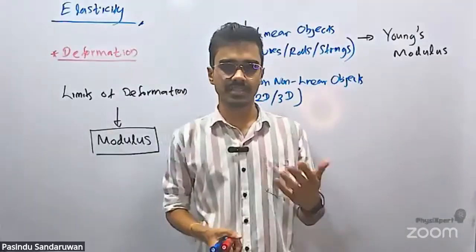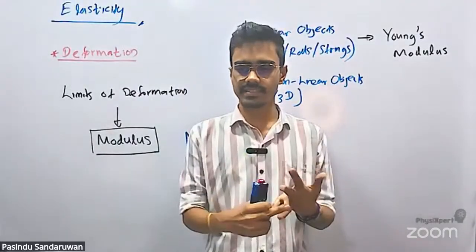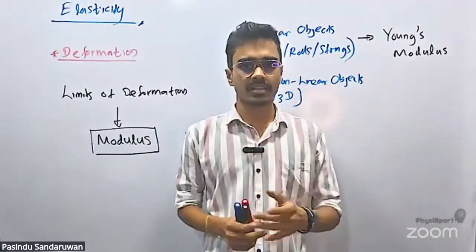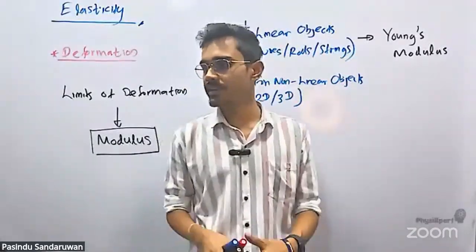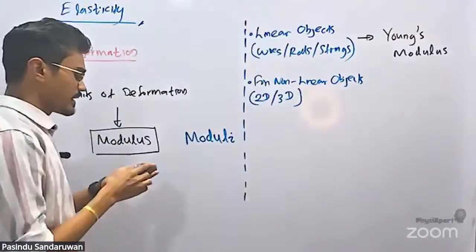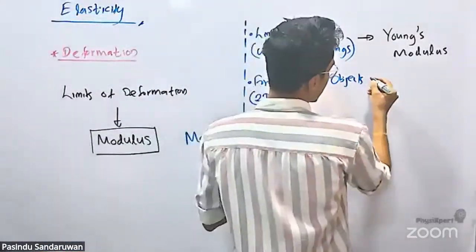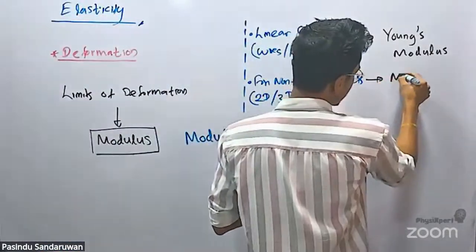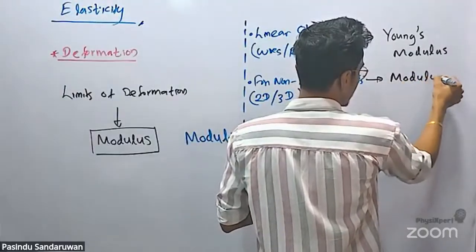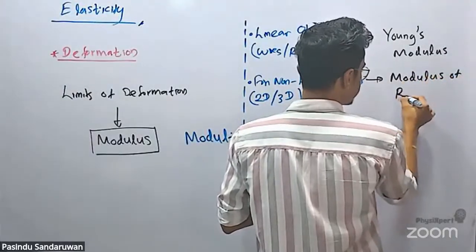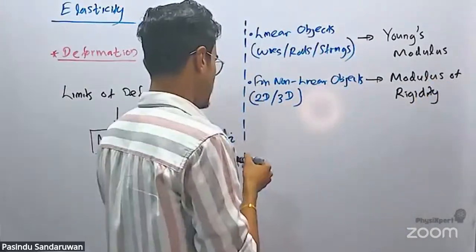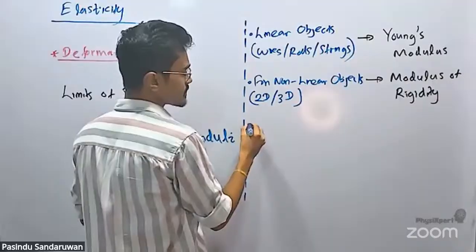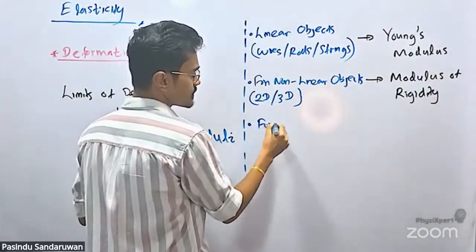Two-dimensional ones are like plates, discs, lamina. 3D ones are all volumetric ones. For that, we have something called modulus of rigidity. And then the last one is for any object.